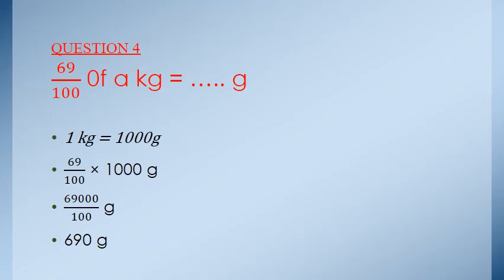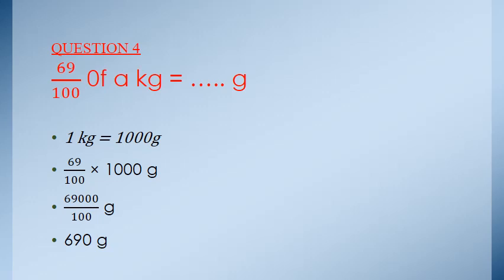Now question number 4. 69 upon 100 of a kg is equal to how many grams? Again you are supposed to convert kilogram into gram. Again we'll write down the standard conversion formula. 1 kilogram is equal to 1000 grams.